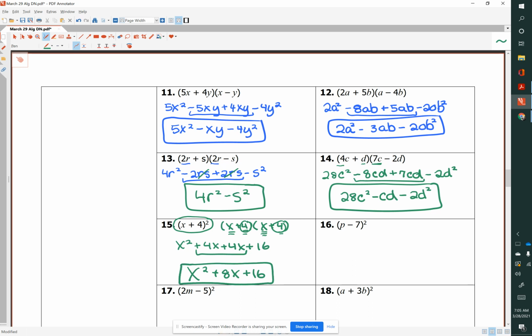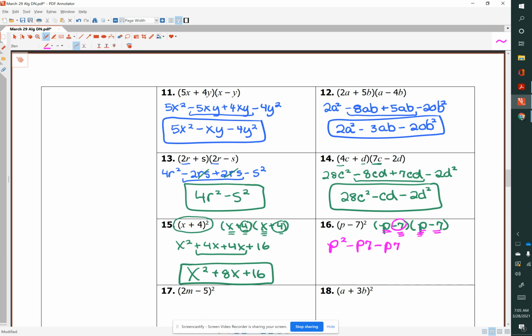And similarly with number 16, p minus 7 times p minus 7. So p times p is p squared. p times negative 7 is negative 7p. Again, p times negative 7, our inner terms, is negative 7p. I forgot to put my 7 here.